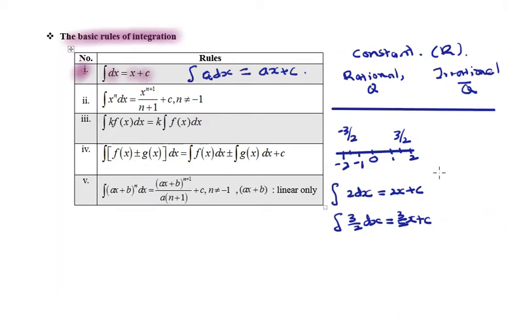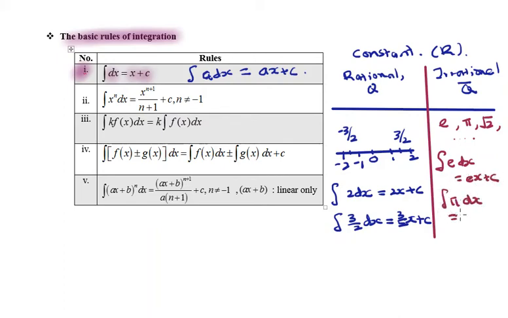It also includes -1, -2, or let's say -3 over 2. These are all constants. For example, when we integrate 2 with respect to x is equal to 2x plus c. When we integrate a constant 3 over 2 is 3 over 2 x plus c.